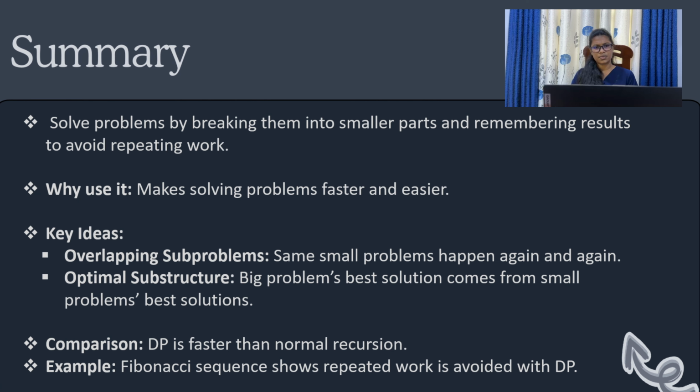Overlapping subproblems means the same small problems happen again and again. Optimal substructure means a big problem's best solution comes from the small problems' best solutions. Dynamic programming is faster than normal recursion. For example, the Fibonacci sequence shows repeated work is avoided with dynamic programming.